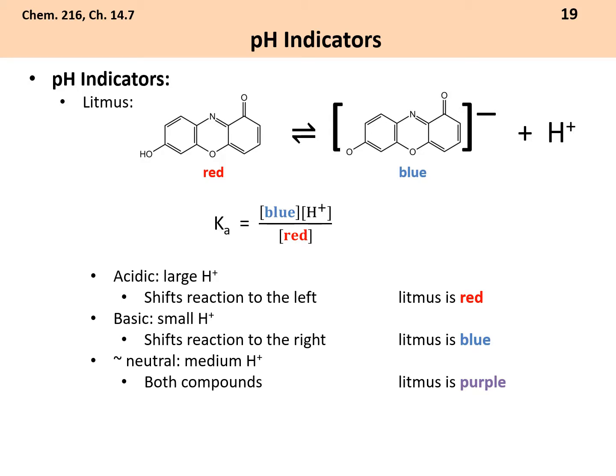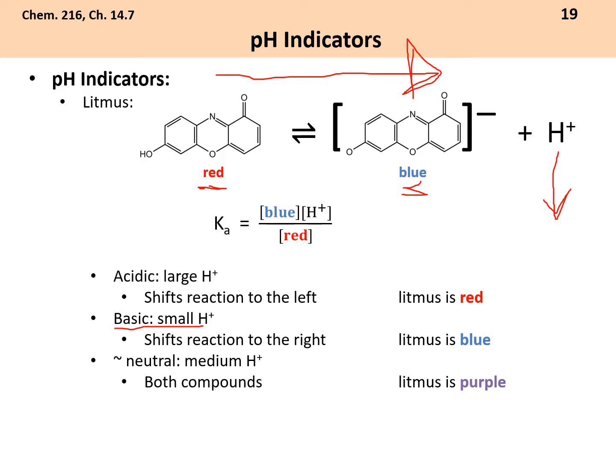So what happens? If I have acidic conditions, according to Le Chatelier's principle, if I increase the amount of H plus, it shifts towards the left. So I end up with more of this litmus, which is red. If instead I have small H plus, which is the case in basic conditions, that means I don't have a lot of H plus, so it's going to shift towards the right, and I end up with blue color.